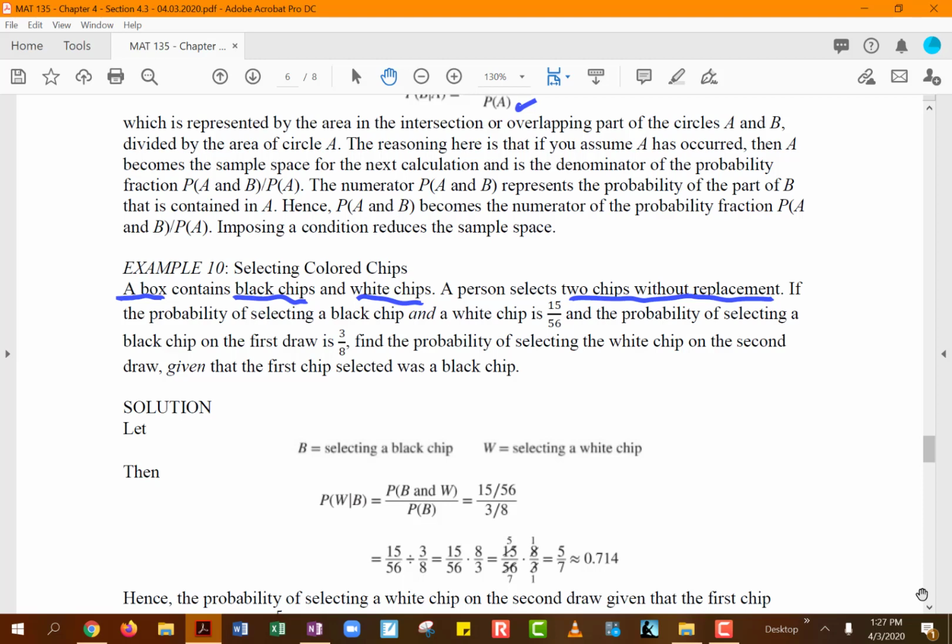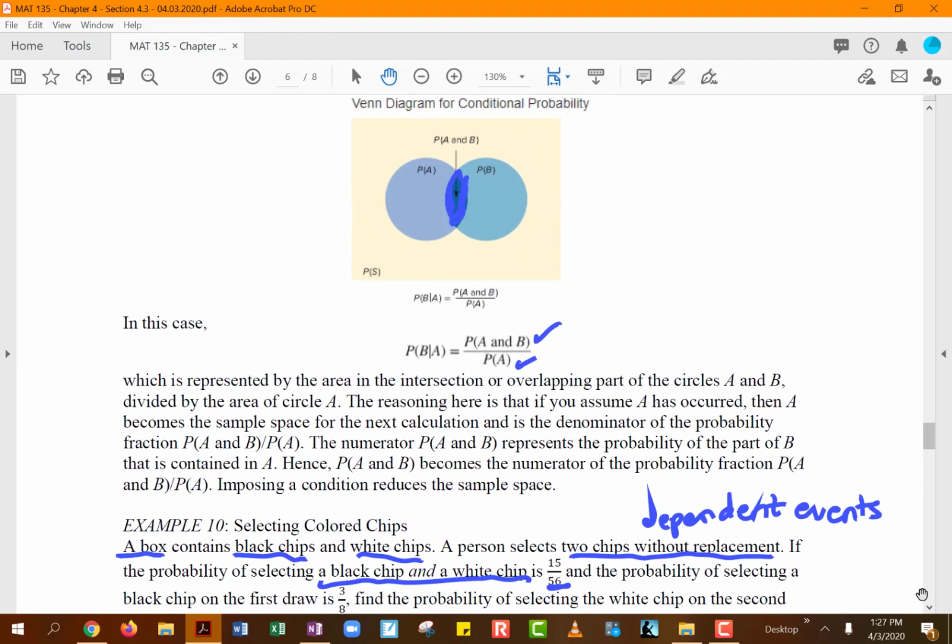So of course, without replacement, again tells us that we are looking at dependent events, right? So they're saying the probability of selecting a black chip and a white chip is 15 out of 56. So this is that common area which I shaded right here, between both your events.